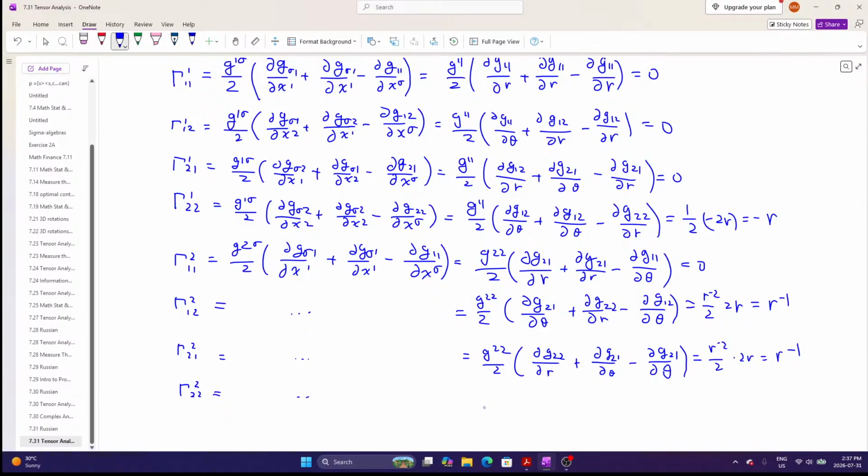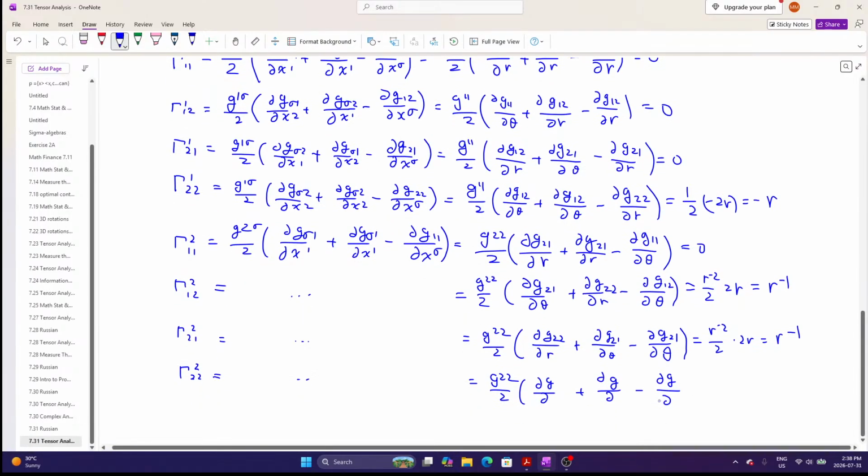Well, so skip this intermediate step. g22 over 2, that hasn't changed, times dg over d something plus dg over d something minus dg over d something. Alright, so put 2, 2 here. Summation index is 2 again, so this is again d theta.